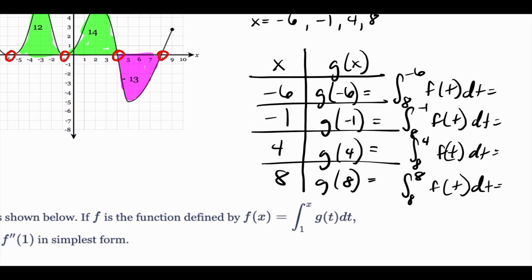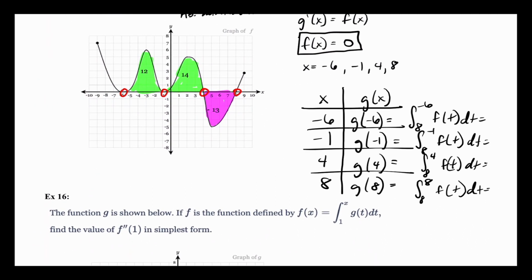So you have to find the area under the curve from 8 to -6. Well, 8 to -6 is not in the correct order, so you got to flip those. So -1 times the integral from -6 to 8. I already have the area. I just got to add them up.